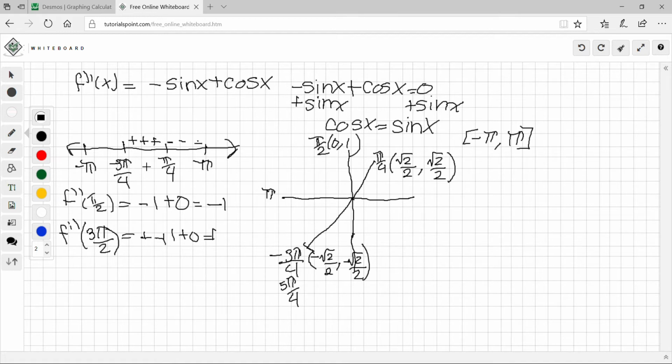And then we need a number between negative pi and negative 3 pi fourths, and I'm going to use 7 pi over 6, right? So here's negative pi, and then negative 3 pi fourths. So I'm going to use positive 7 pi over 6.